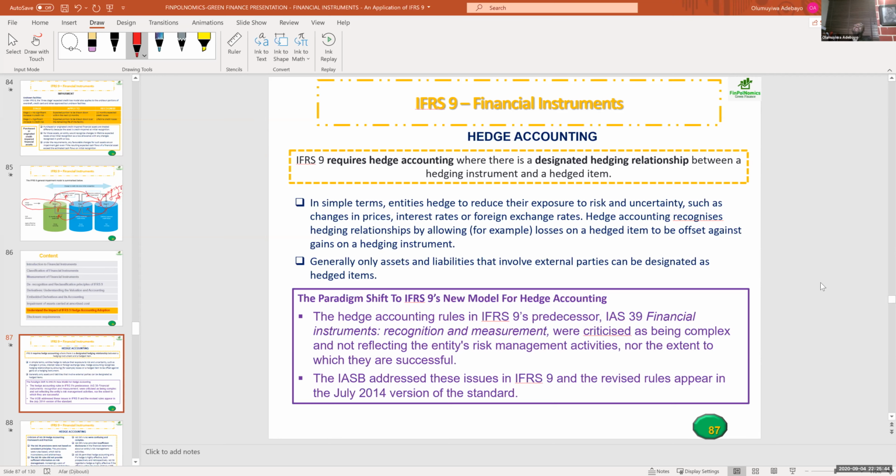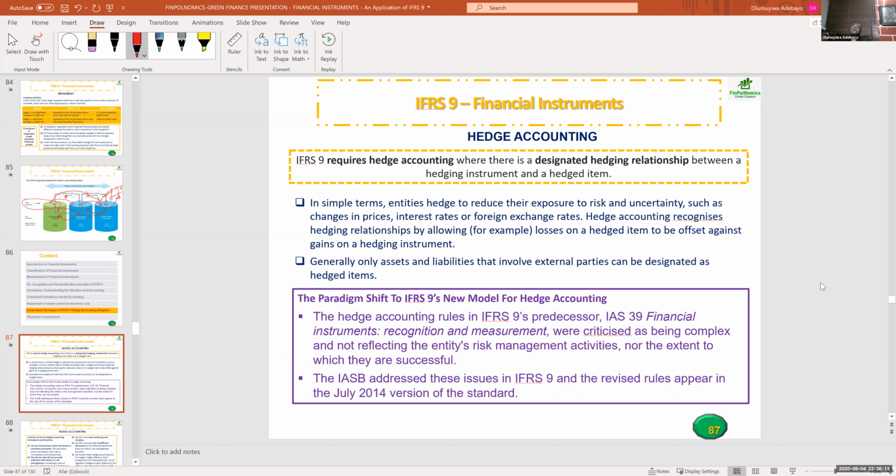But when I convert it to naira, I might make a loss because as at the time I'm bringing the money back to Nigeria, the Nigerian naira has appreciated against the Ghana cedi, let me say at 70 naira per Ghana cedi. 70 naira per Ghana cedi multiplied by 1.2 million Ghana cedi will give me 84 million naira, whereas I invested 100 million naira. Therefore, that is what I'm trying to hedge.